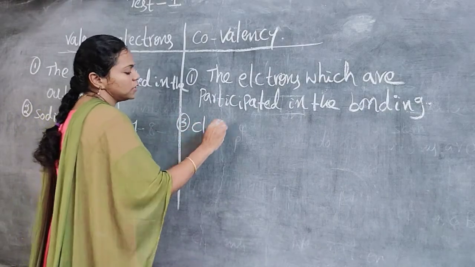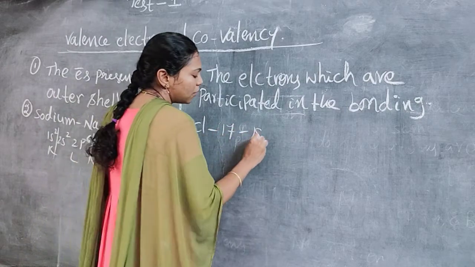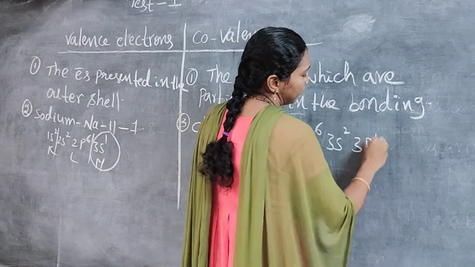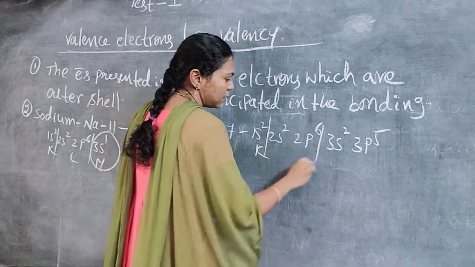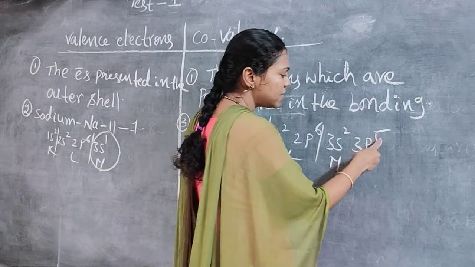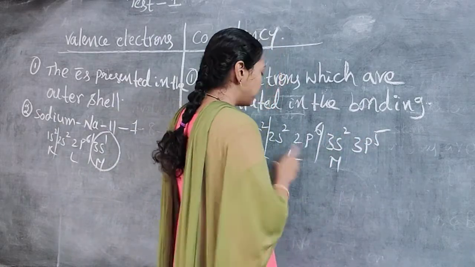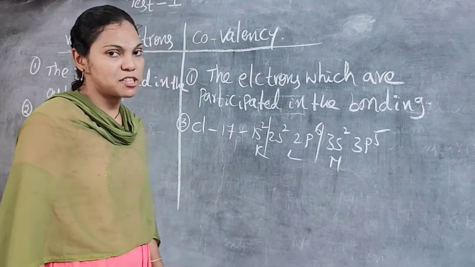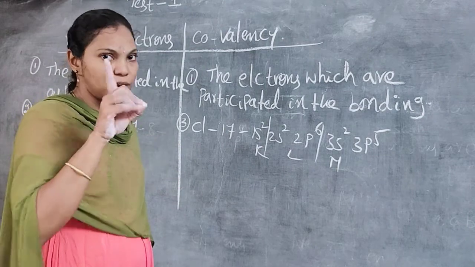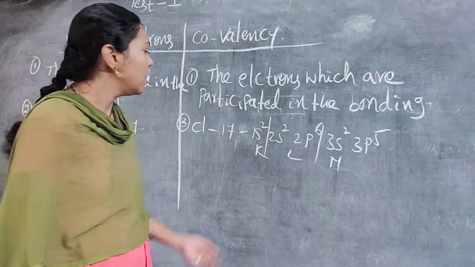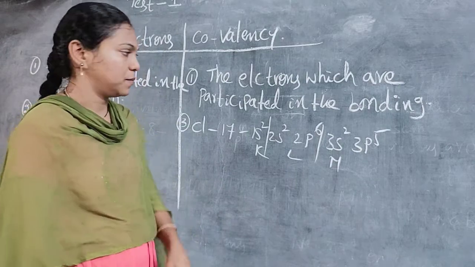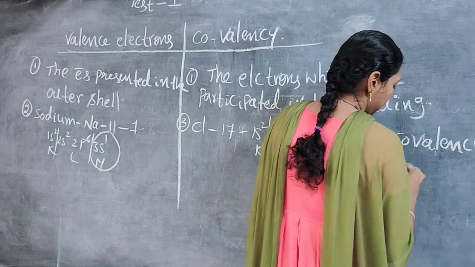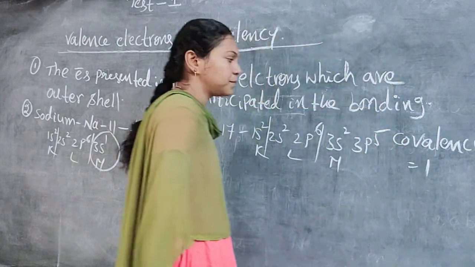For chlorine, atomic number 17, 1s2, 2s2, 2p6, 3s2, 3p5. K, L, M: this is the outer shell. 7 valency electrons are there, but the covalency of chlorine is 1. Why? Because it is ready to participate in the bonding by taking 1 electron. Covalency of the chlorine element is 1.